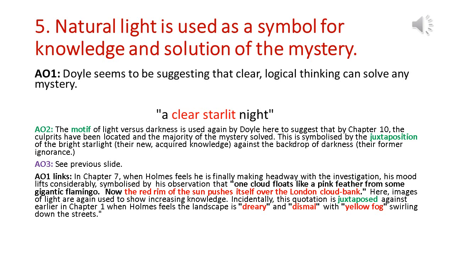So again, you can see these images of light with the red rim of the sun, and the fact that it's pushing itself over the horizon or through the clouds suggests again that knowledge is increasing. So do look out for this motif of light and how it represents increasing information, increasing knowledge.